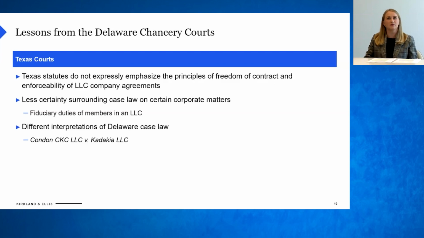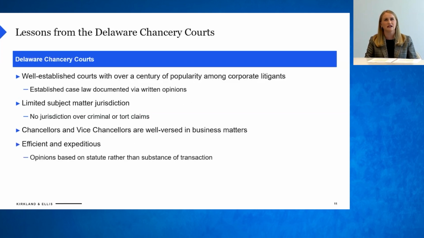So a little bit of what we've been alluding to here, just what we can glean from the Delaware Chancery courts as it relates to the Texas business courts. They're well-established courts. As Ben mentioned, a lot of the desire to litigate in Delaware doesn't necessarily have to do with the favorability of the law, but more the consistent applicability.